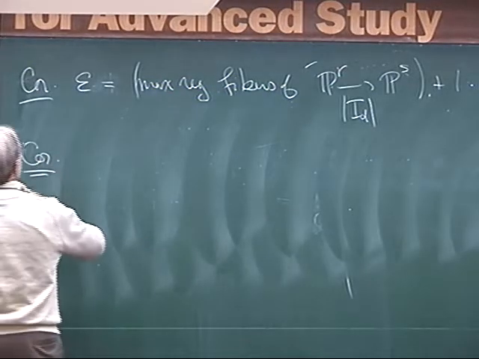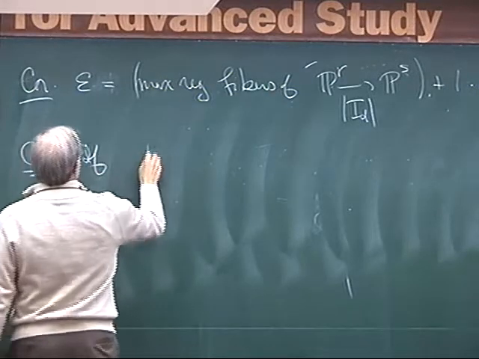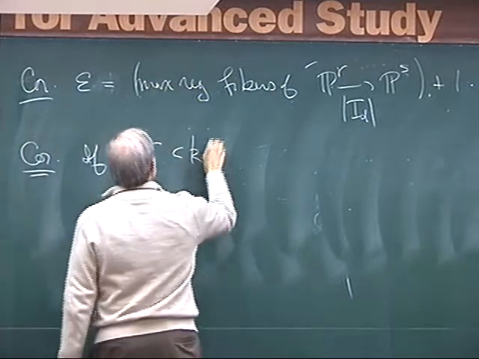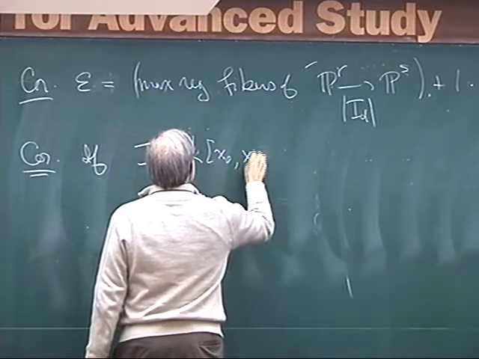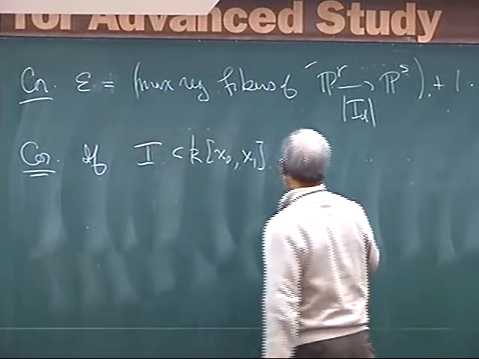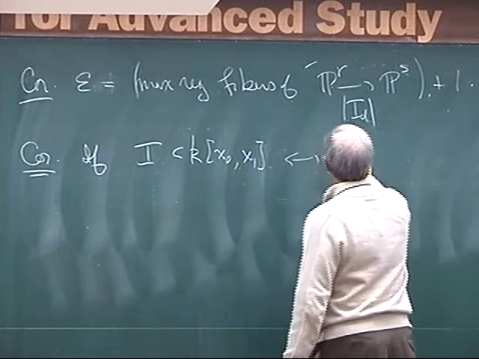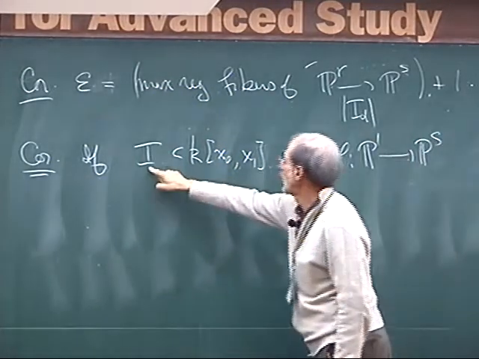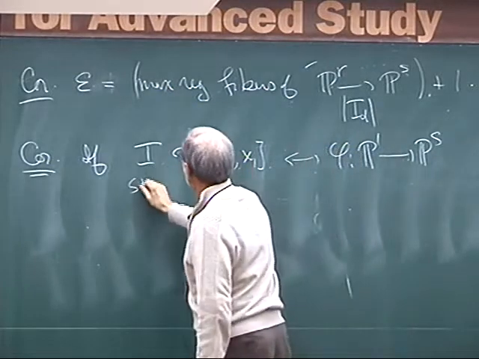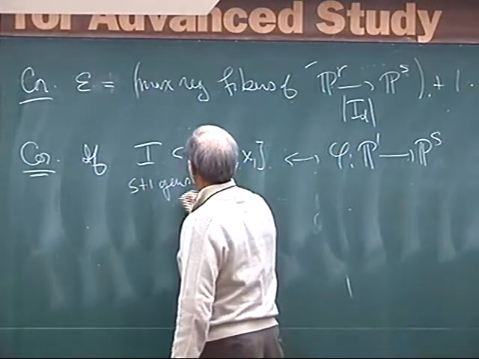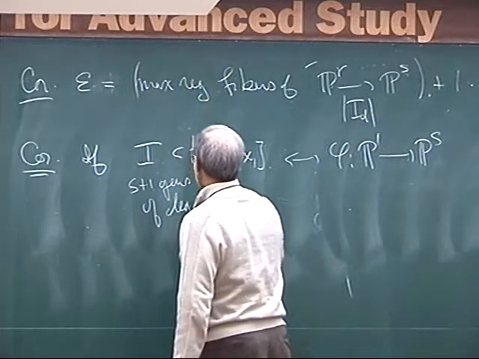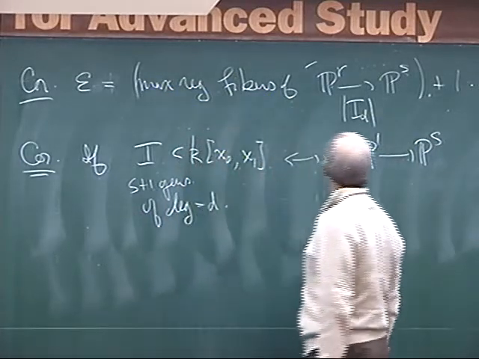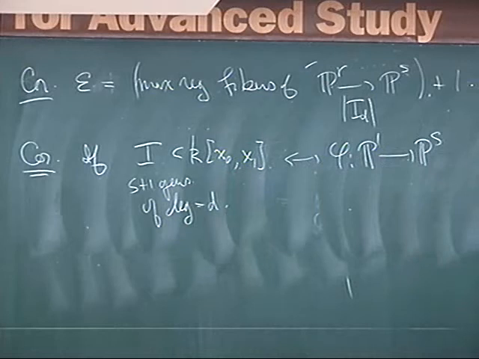So, still a finer corollary. If I in k of x0, x1, again corresponds to a finite morphism of P1 to PS. Let's say I has S plus 1 generators of degree exactly D. So choose your favorite s+1 forms of degree d, maybe monomials.